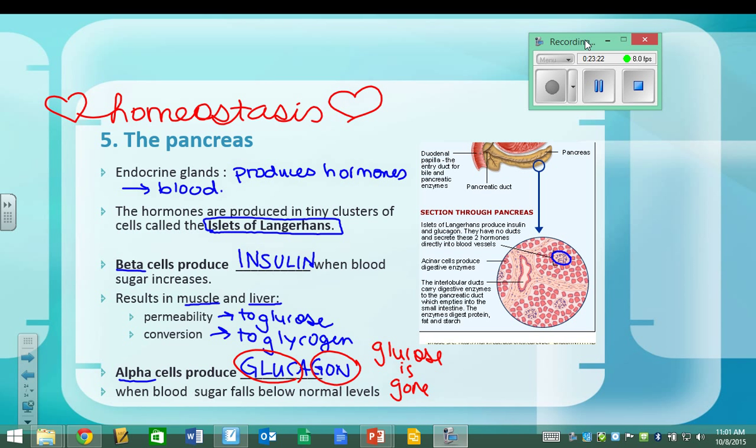There's lots of things that you could talk about here with reference to that. Anyone have questions they want to ask about homeostasis, pancreas, insulin, glucagon?